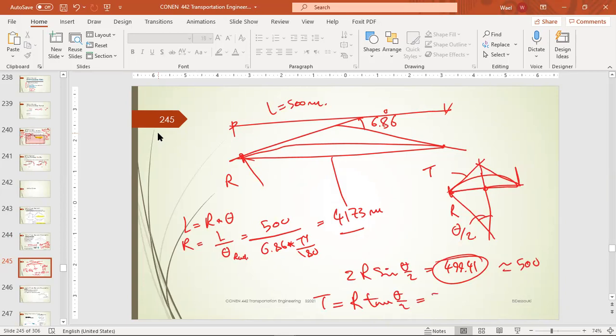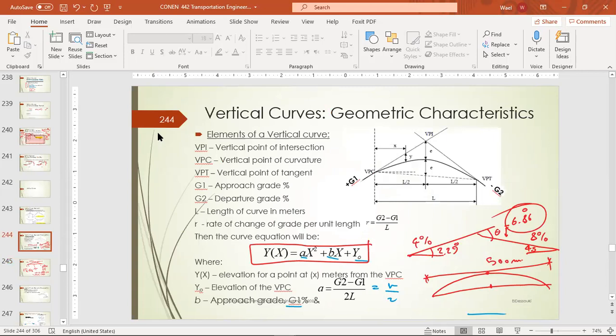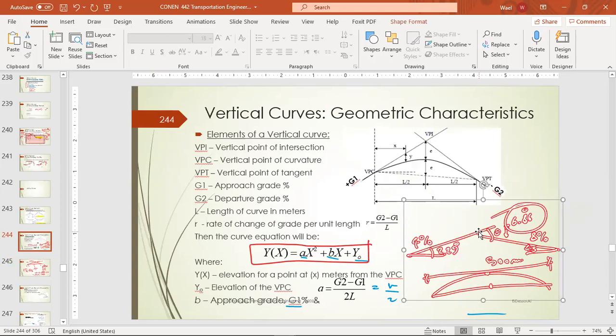It's 250.11 meters. That means the difference is 11 centimeters. So it's a negligible difference. That's why we use the parabola, or we use this form, instead of the equations for a circle.